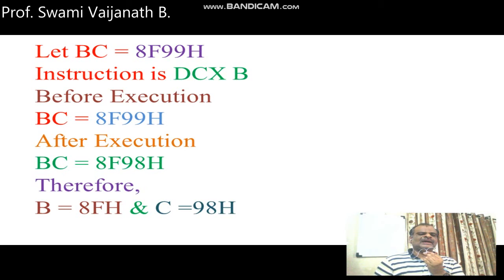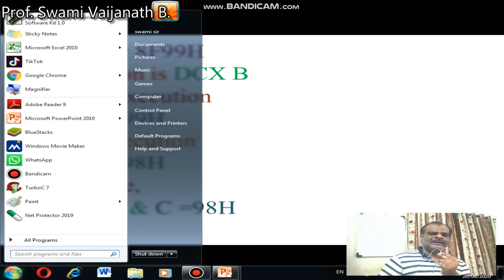On execution of the instruction DCX B, the BC register pair is decremented by 1, and after execution we get the value of B as 8FH and the value of C as 98H. How is it? See practically.